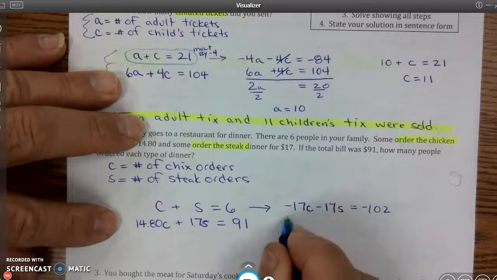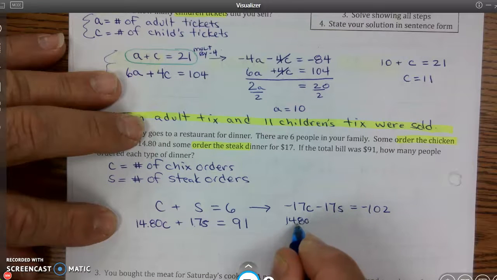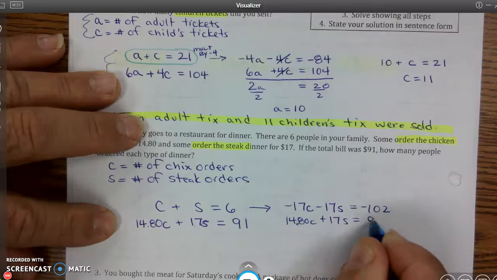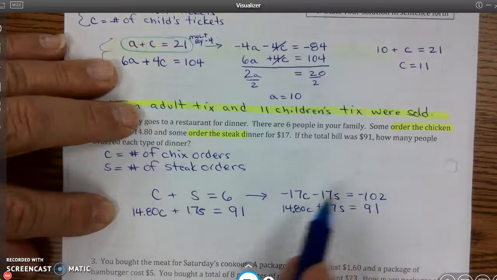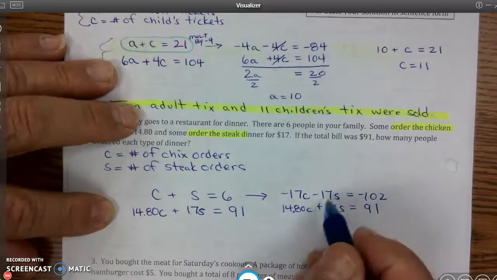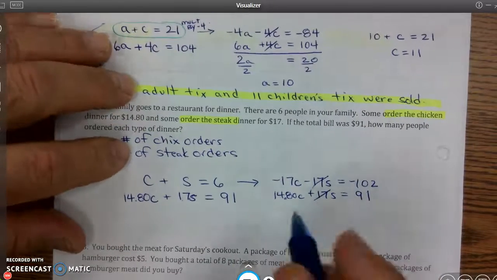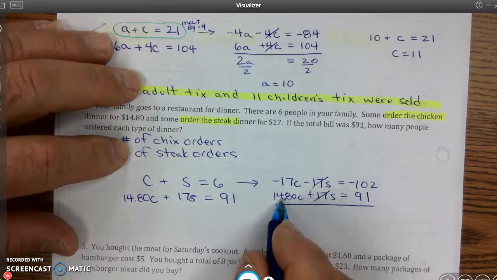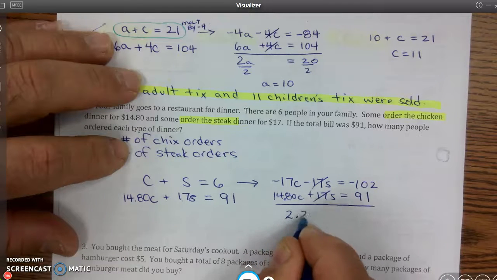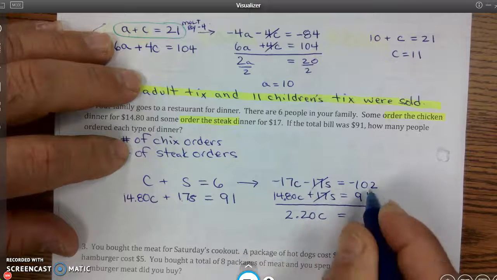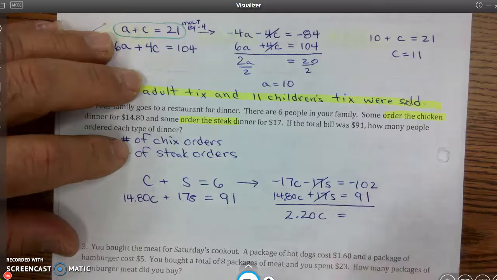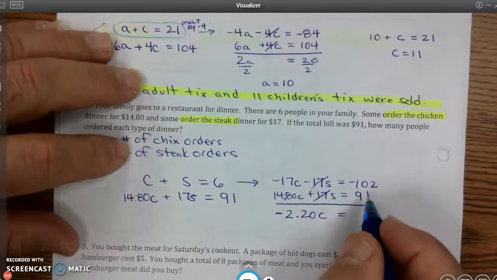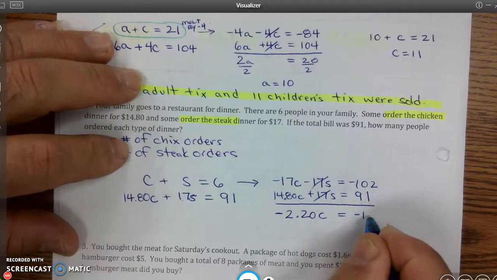Now write down your second equation, 14.80C plus 17S equals 91. Look what I got here. Because I multiplied by negative 17, I have opposites, so those will cancel out when I do my addition right here. And this is going to be negative 2.20 times C equals negative 11.